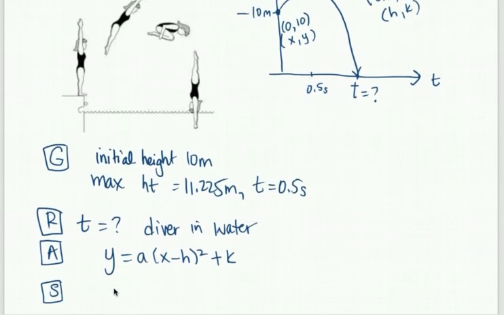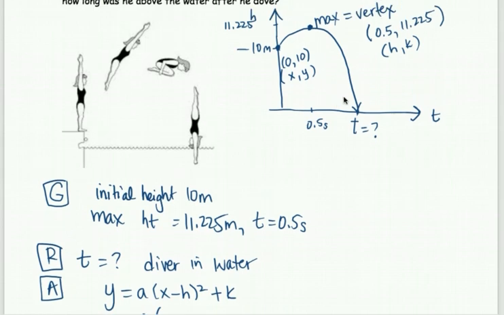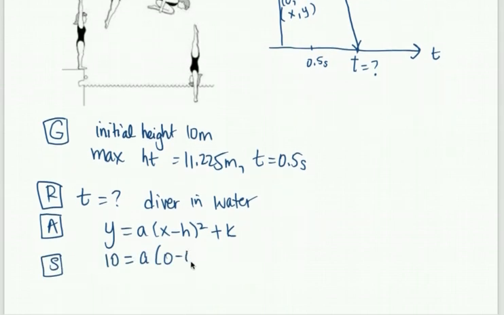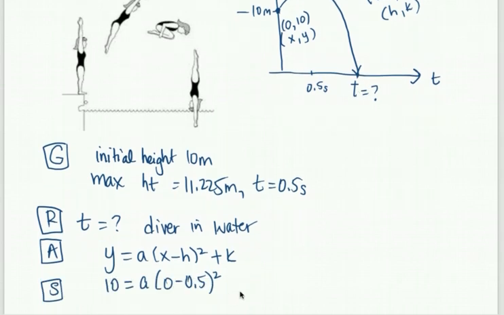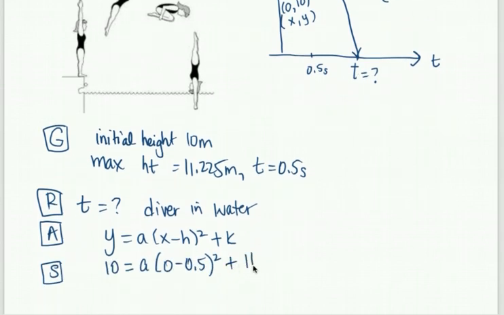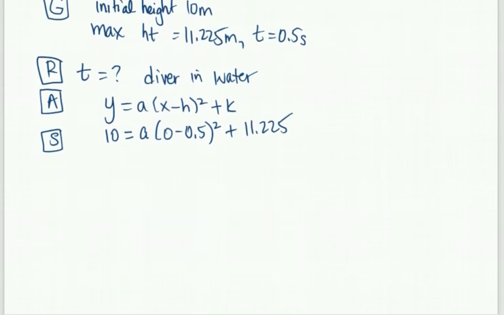All right, so let's go through. So y is 10, A we don't know, x is 0, subtract h, which is 0.5, bracket squared, and then plus k is our max height here, okay? All right, so we found all the information here except A. Now we just have to solve for it, and we can build our equation.